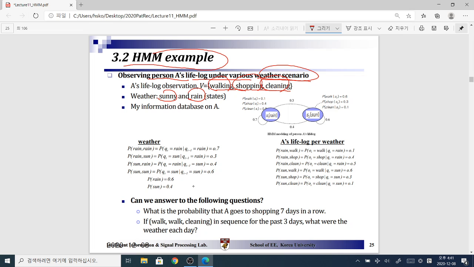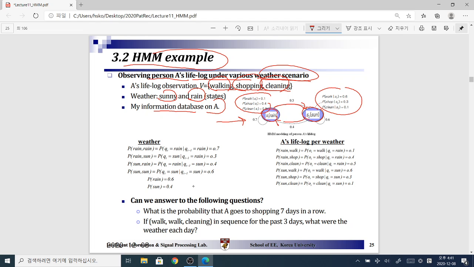And then, based on the information in the database, we can establish this HMM model. In this Markov chain model, we have, for example, 2 states, rain and sunny, and it has all the transition probabilities as well as the emission probabilities for each of the states.